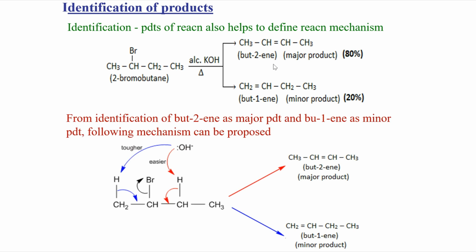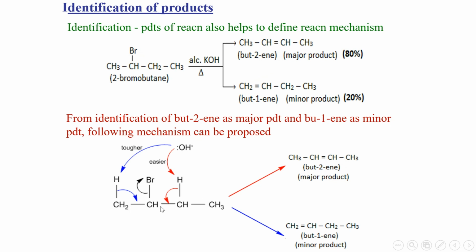The base abstracts a proton from one of the two carbons adjacent to the carbon which is bearing the halogen. It is basically an elimination reaction where hydrogen from the beta carbon and halogen from the alpha carbon get eliminated to give an alkene.